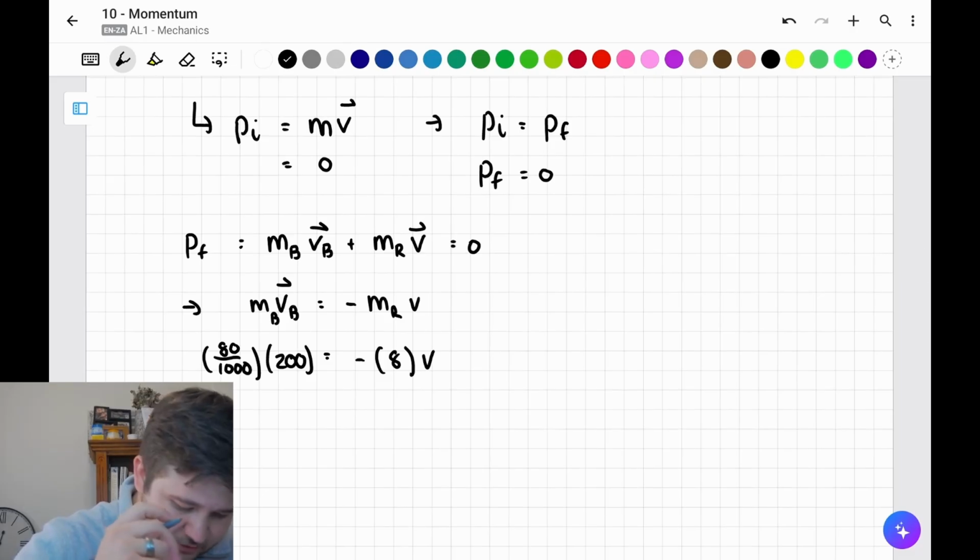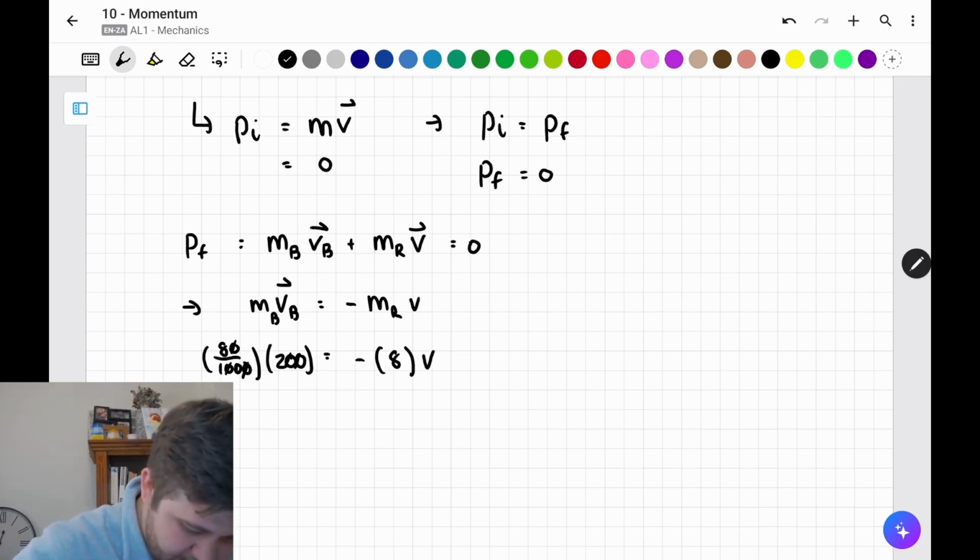Now all we need to do is solve. A little bit of primary school maths, and then we divide by 8 as well. Simple enough. V is equal to negative 2 meters per second.